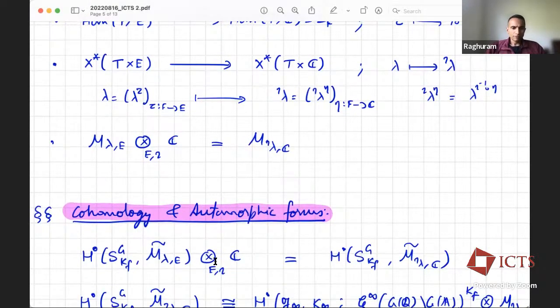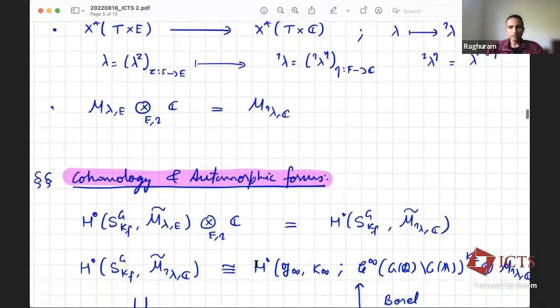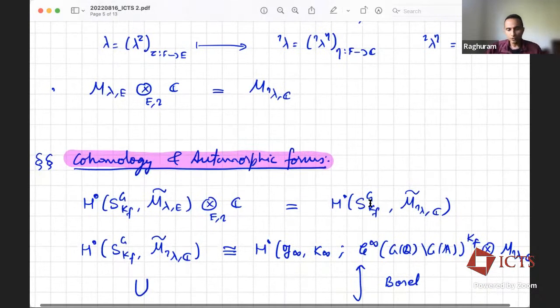I was talking about the sheaf cohomology group, and now I base change that from an E-vector space to the complex numbers. This then is the sheaf cohomology of this locally symmetric space with coefficients in M tilde iota lambda.